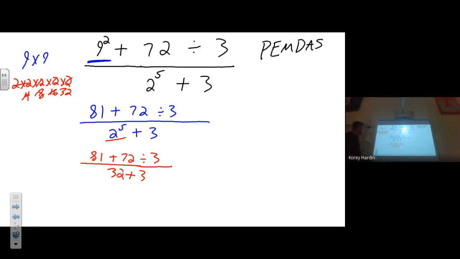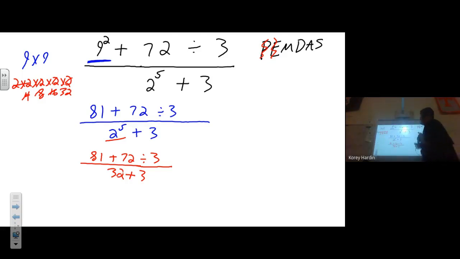So now I've got through parentheses, I've got through exponents, now multiply and divide. One thing that's complicated: this is a fraction, so it's actually a division problem, but you're going to have to wait to figure out the fraction at the end. So I'm going to treat the top and the bottom as separate things right now.